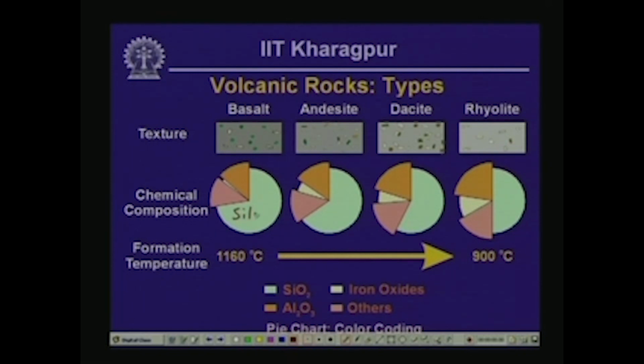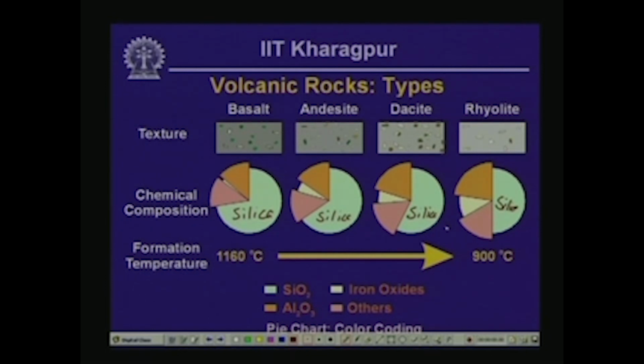So, this color represents the silica percentage, and that also varies over a very wide margin. You can see that the silica percentage in basalt is much smaller compared to rhyolite, and that is also a reason why the color of basalt is likely to be much darker in comparison with rhyolite.